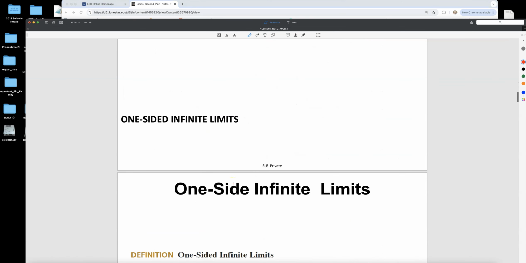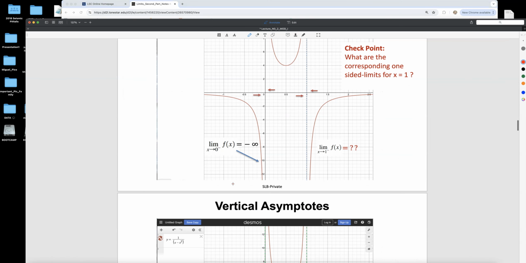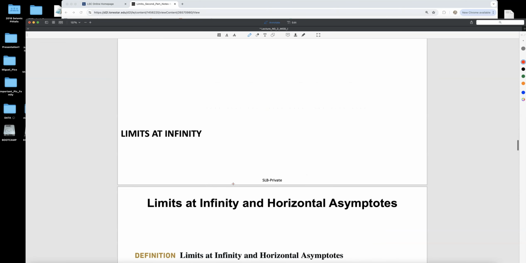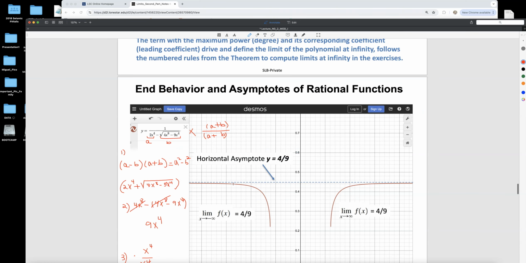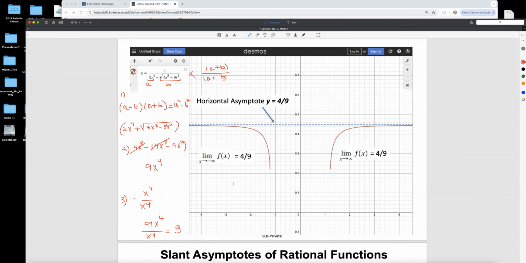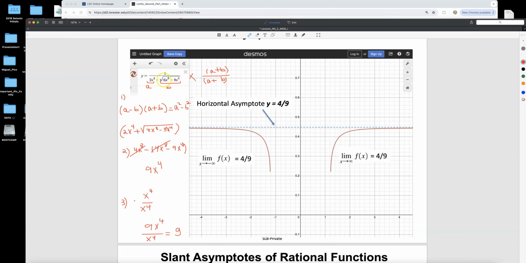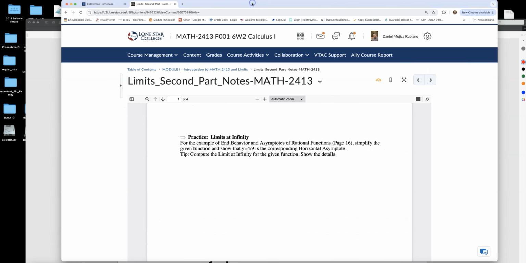That one is this one that we were talking about. So, in other words, compute the limit at infinity of this given function. So, follow the tips that I gave you during the video and then do this practice exercise over here. Show all the details. Okay?